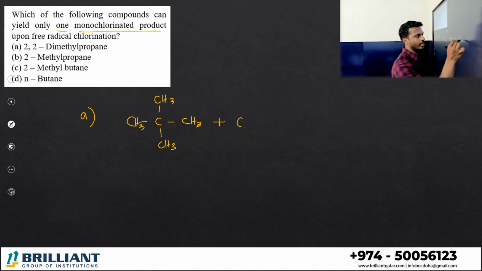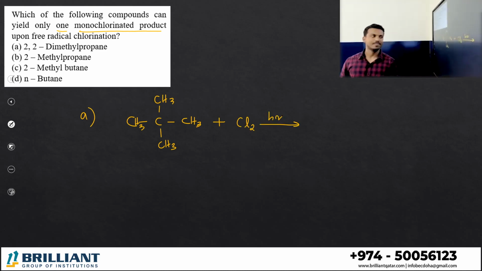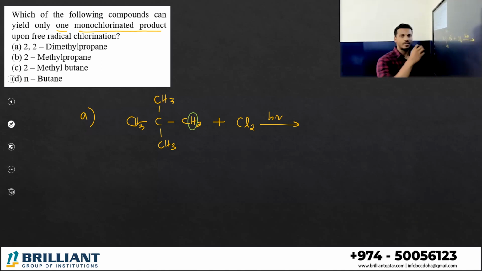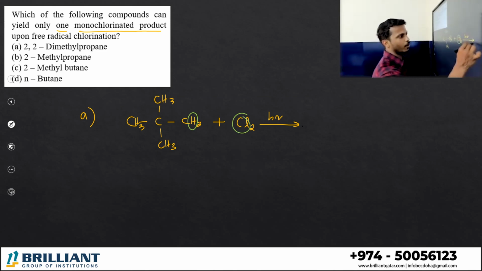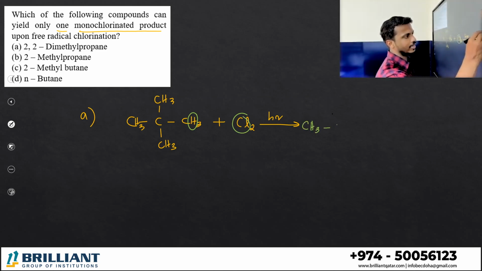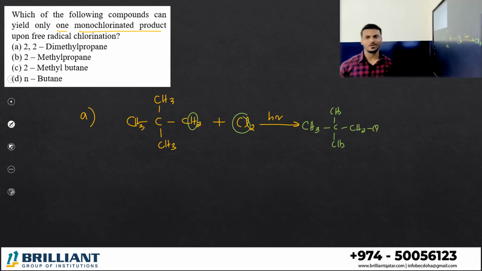Addition of chlorine in presence of sunlight or UV light. What is happening during free radical substitution? One of the hydrogens you take from the alkane chain and substitute with one chlorine. That's it. So I will get a product like CH3, CH3, CH3, CH2Cl. This is the product you are going to get.